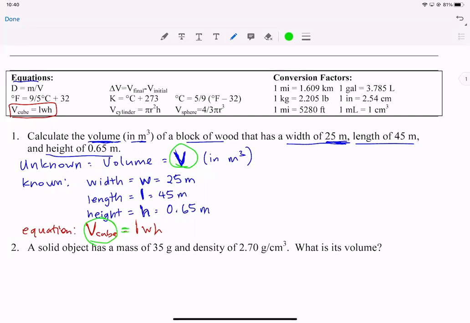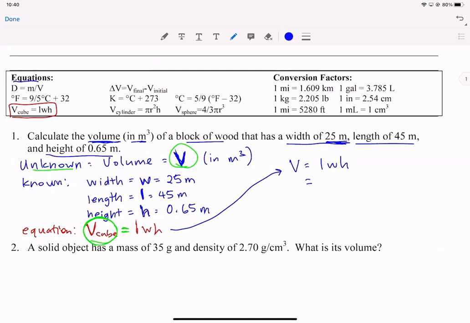Here's the equal sign, and V is alone. It's not multiplied by anything else, and it's not in a denominator. If this V, the unknown, is already isolated, then you don't have to do anything else to the equation. You can use the equation as it is. So I'm going to move this over here. So the V is length times width times height.